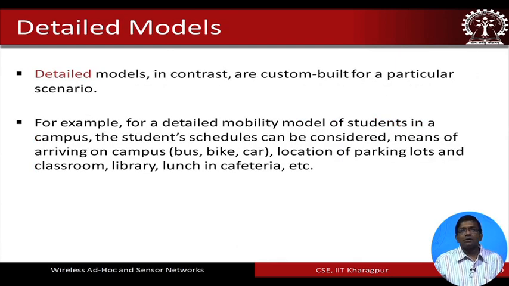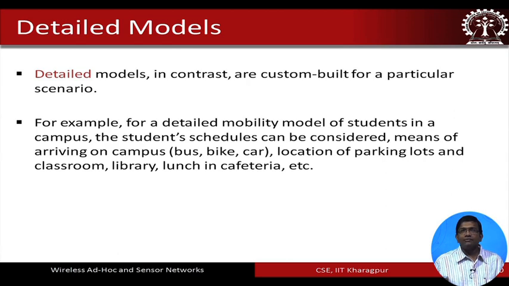Detailed models, on the other hand, are very much custom designed. They are built for a particular scenario, keeping a particular scenario in mind. So, for example, in a detailed mobility model of students in a campus, the students' schedules can be considered, means of arriving on the campus, whether in a bus, using a car, or any other means, a bike, and so on, the location of the parking lots, and classroom, library, lunch in cafeteria.